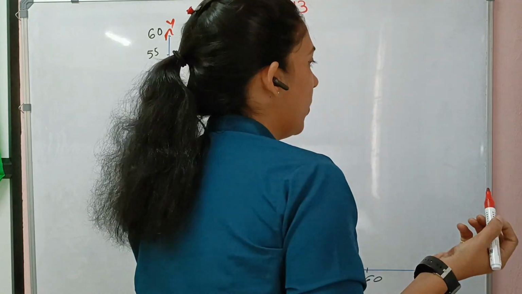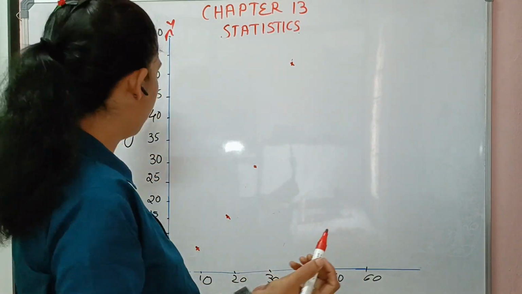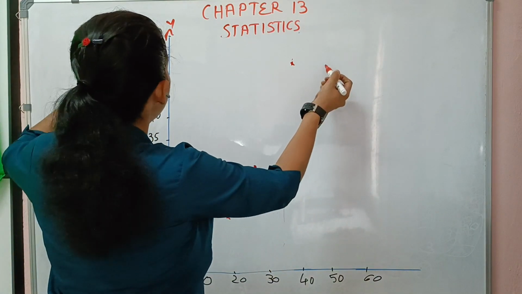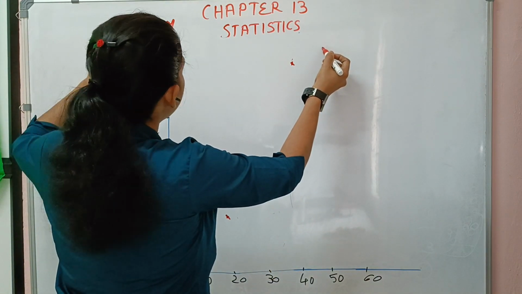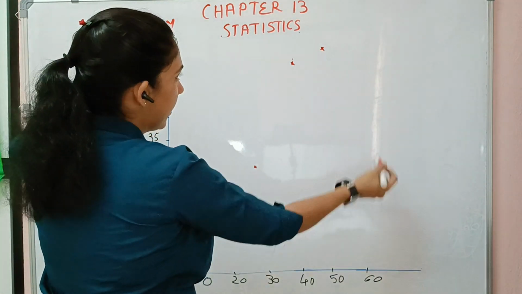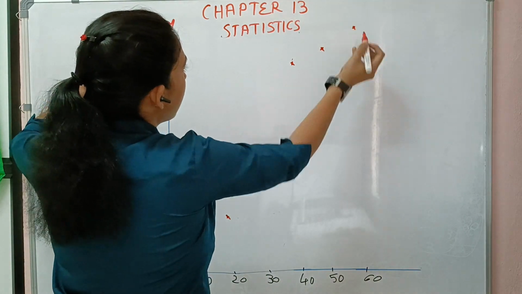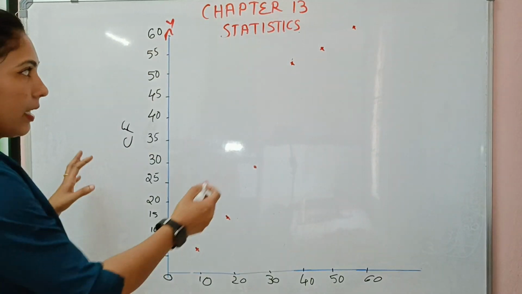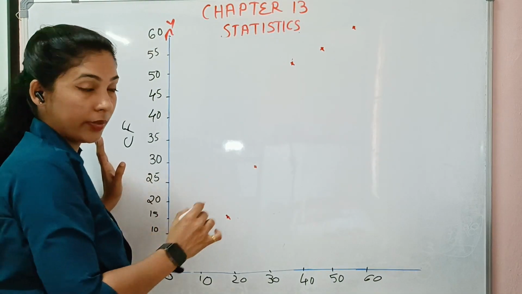The next one is 50, 57. Last, 60 and 60. So these are the points. Now join all the points.